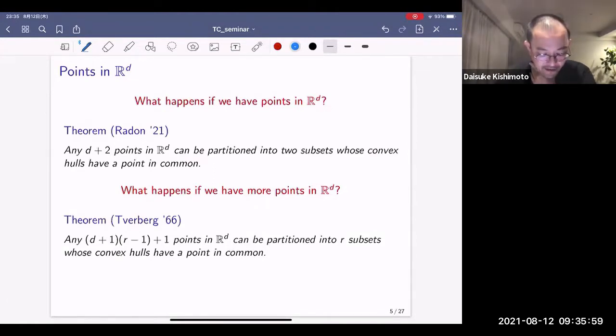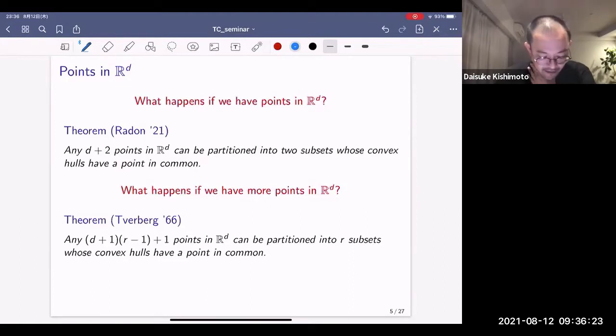And the answer is Tverberg's theorem. Suppose you have (d plus 1) times (r minus 1) plus 1 points in R^d, then you can divide them into r subsets whose convex hulls have a point in common.